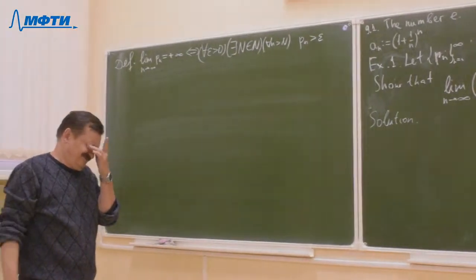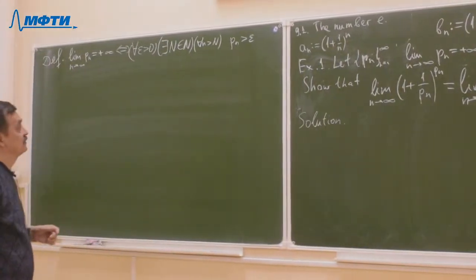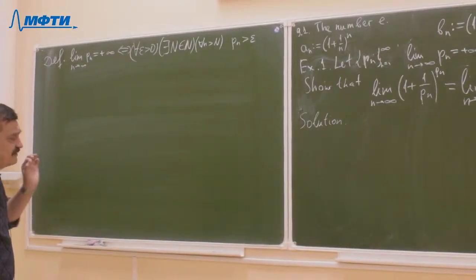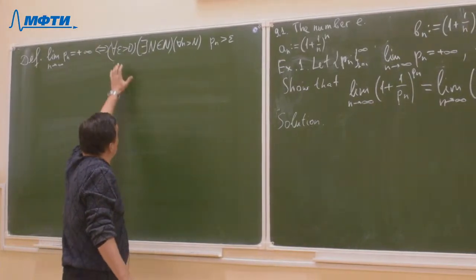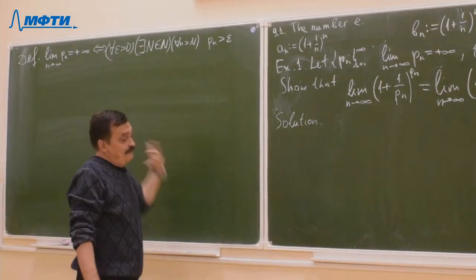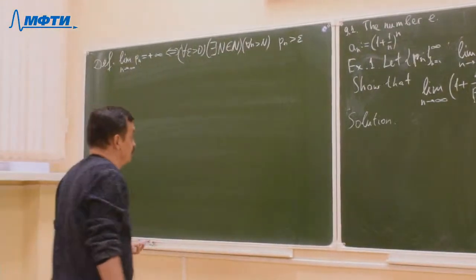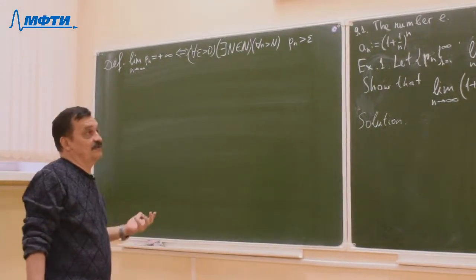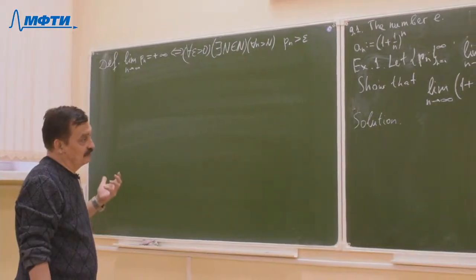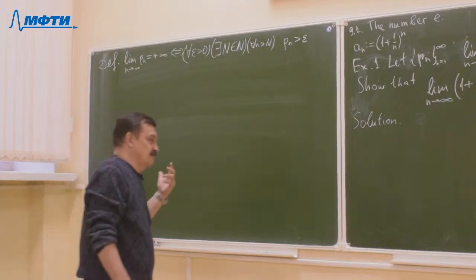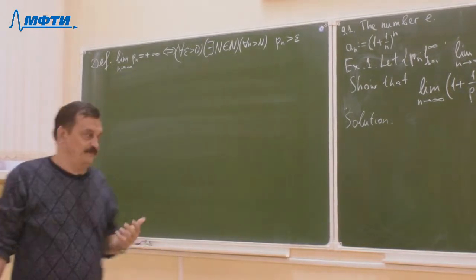So sometimes to emphasize that, you see, here epsilon is arbitrarily large, in fact. So when we consider the definition of usual limit, we suppose that epsilon is arbitrarily small.